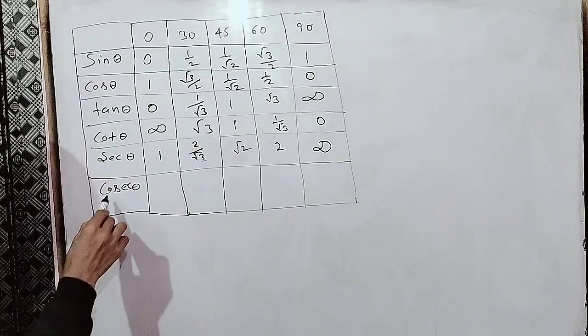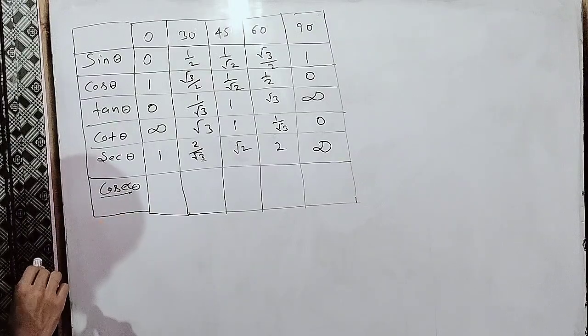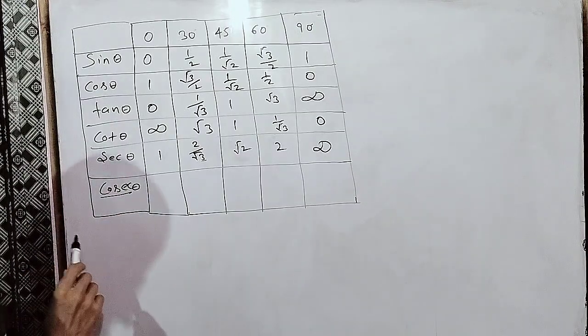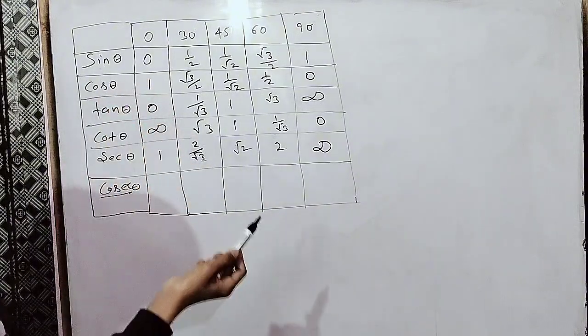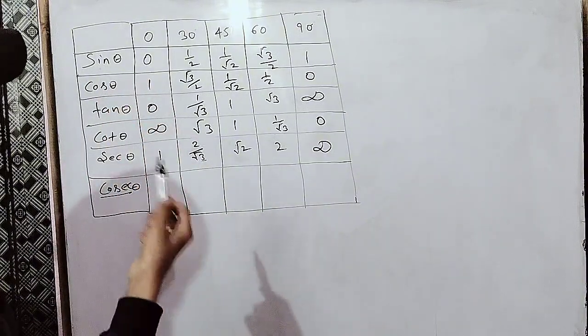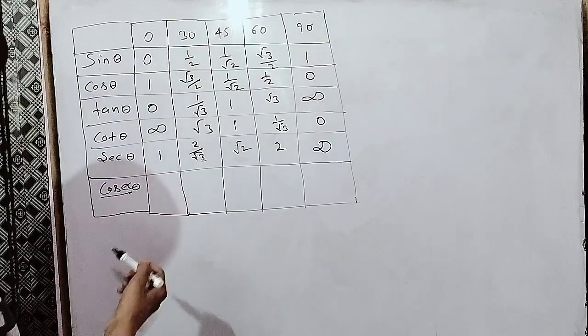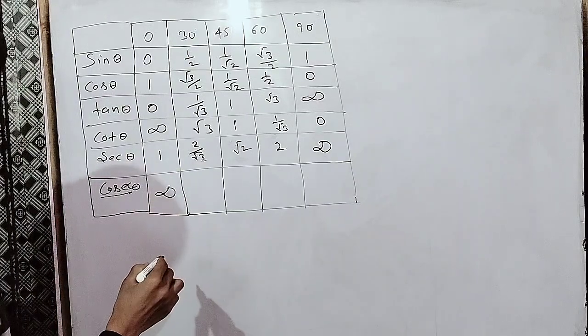Now let's look at cosec. This is the reciprocal of sine. So here 1 by 0, which is infinite.